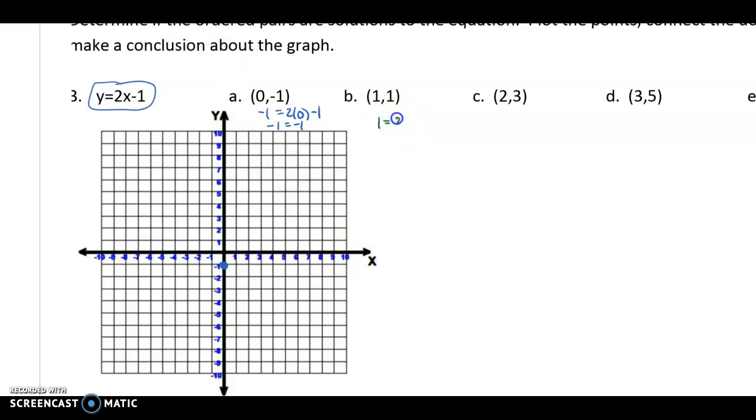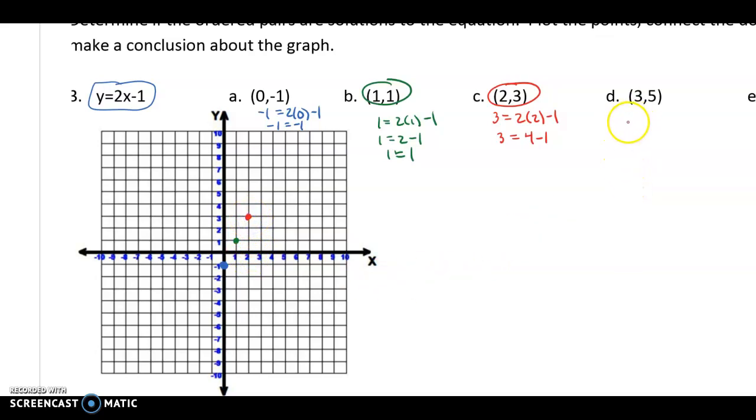Is 1 equal to 2 times 1 minus 1? 1 equals 2 minus 1. 1 equals 1. That is a solution. Let's go and plot that point. Let's try another one. 2, 3. I'm going to replace y with 3, and then equals 2 times 2 minus 1. Is 3 equal to 4 minus 1? Yes, that is a solution. So 2, 3 would be a point on that line.